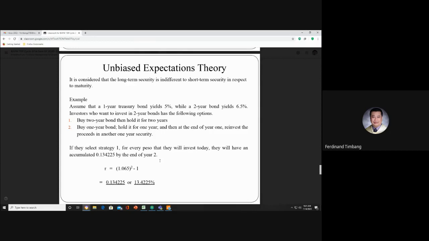Buy 2-year bond, so strategy 1. Kung buy 2-year bond, then hold it for 2 years, so dapat kung interest rate daw ay 6.5% ng first year, tapos i-hold mo siya for 2 years, dapat ang interest rate mo dun sa 2-year bond ay 13.225%.